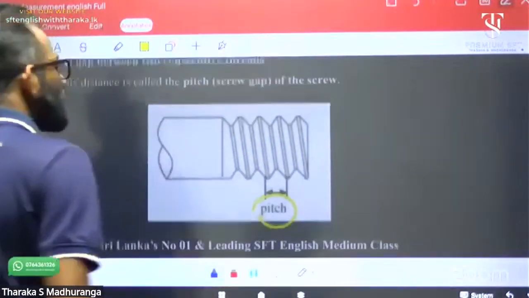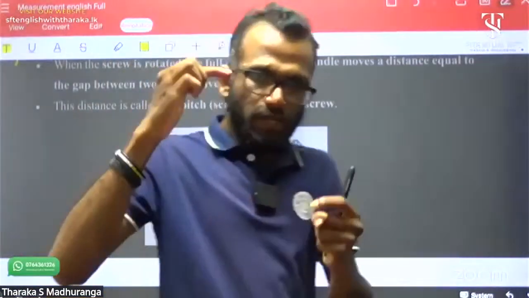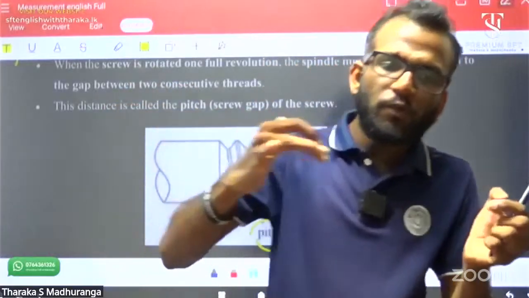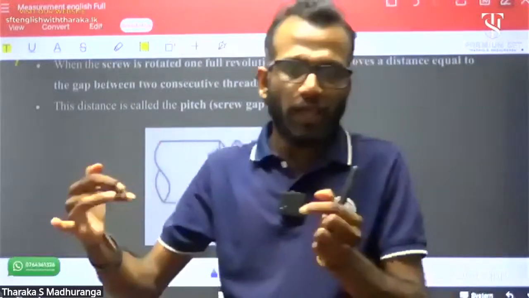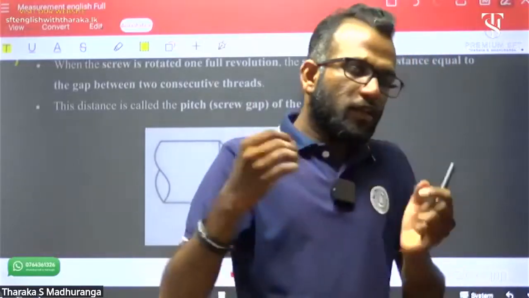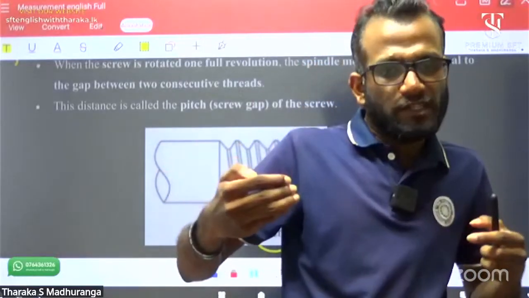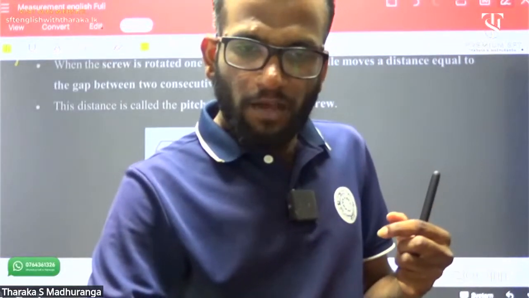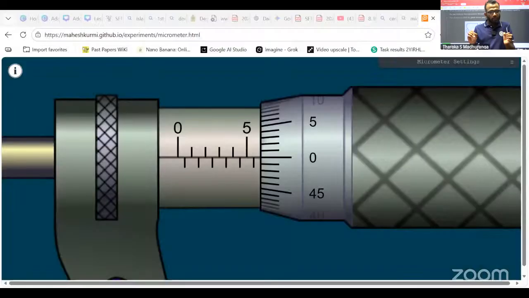The screw gap of the micrometer screw gauge is, while rotating one complete revolution of the circular scale along the linear scale, the distance moved by the circular scale. Raise your hand if you understood.